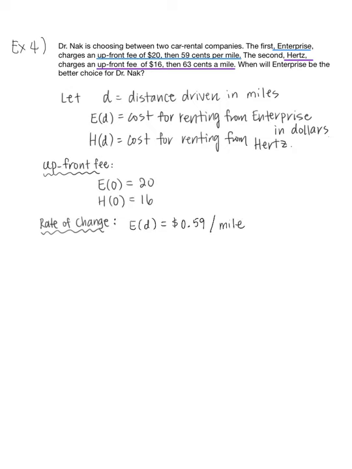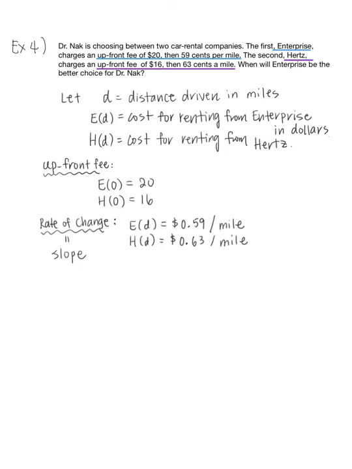And we could do the same thing for H of D. The cost from Hertz, how much was it? 63 cents, so the same thing as $0.63 per mile. Now, let's think about what the meaning of rate of change is in terms of graphing. Wasn't it the slope? Rate of change was nothing but the slope of the line.